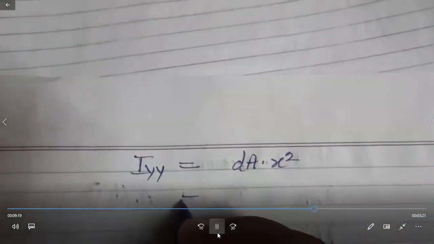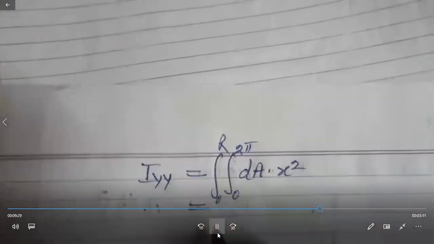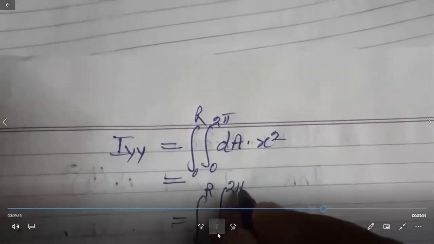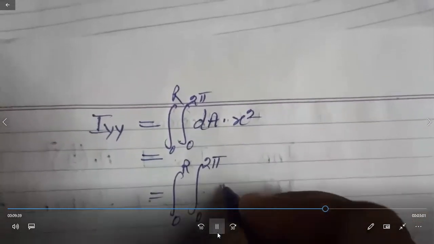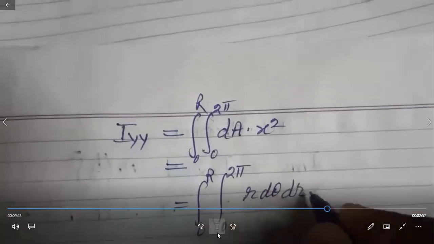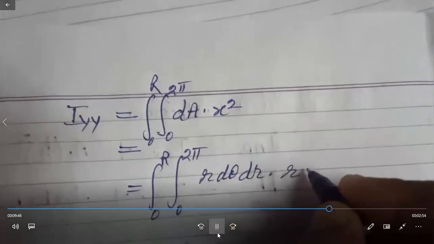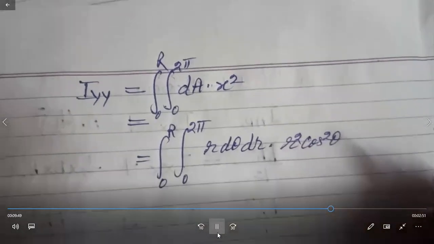Similarly, we can find Iyy. So on finding Iyy, this will be equal to again dA into x square, integrating it twice, 0 to 2 pi and 0 to R. On putting the value of dA as r d theta dr, and the value of x as r square cos square theta.